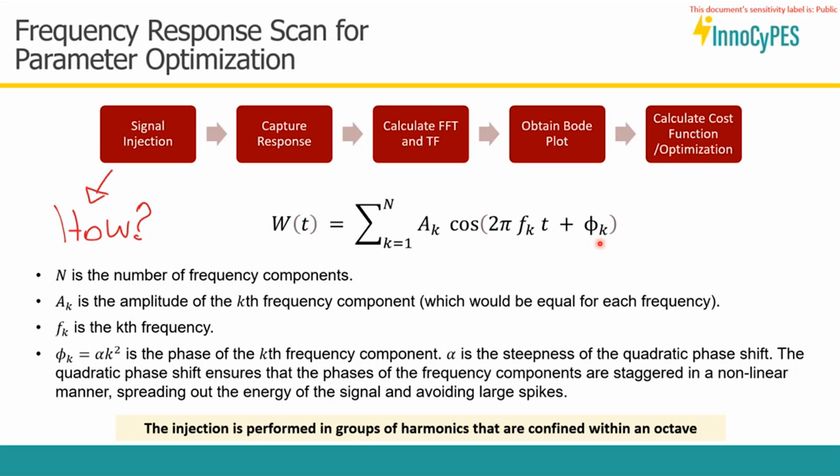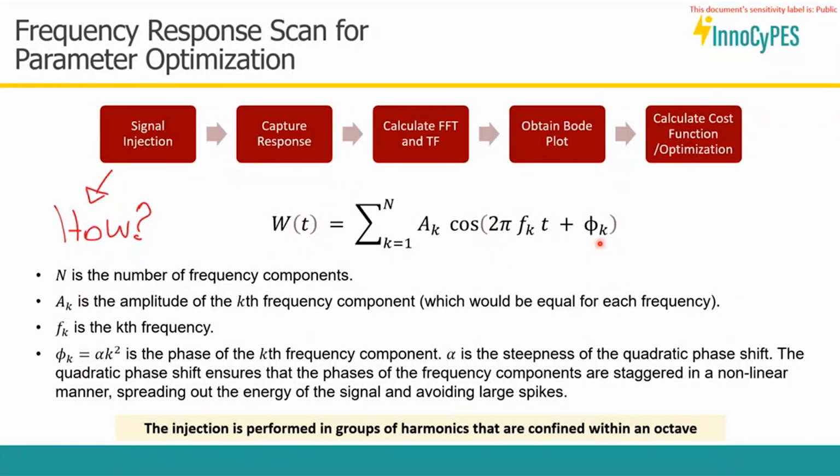Another important aspect is the way that we separate the phase. We did a quadratic phase shift to ensure that the phases of the frequency components are staggered in a non-linear manner, spreading out the energy of the signal and avoiding large spikes.